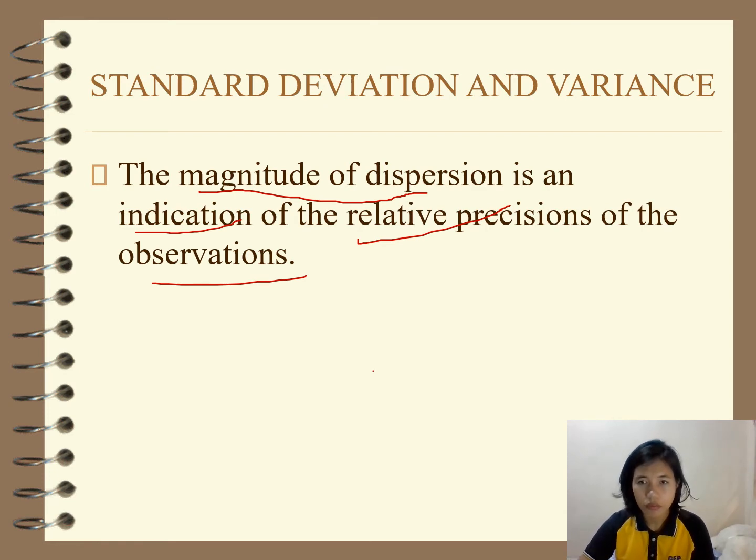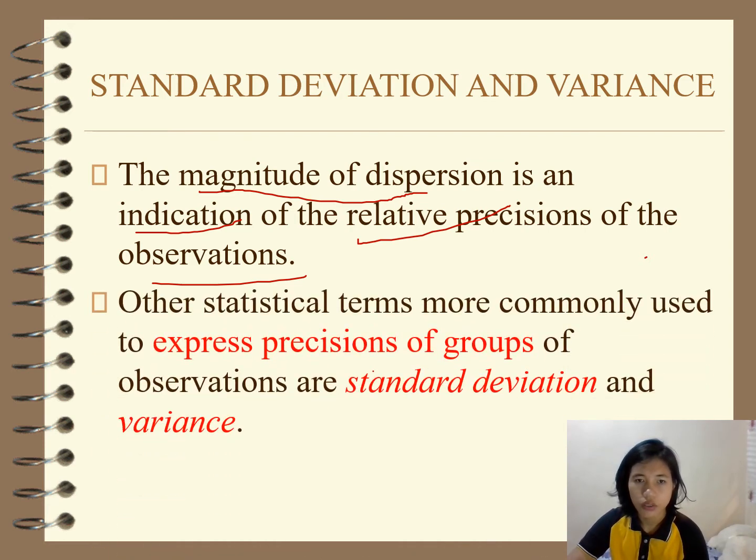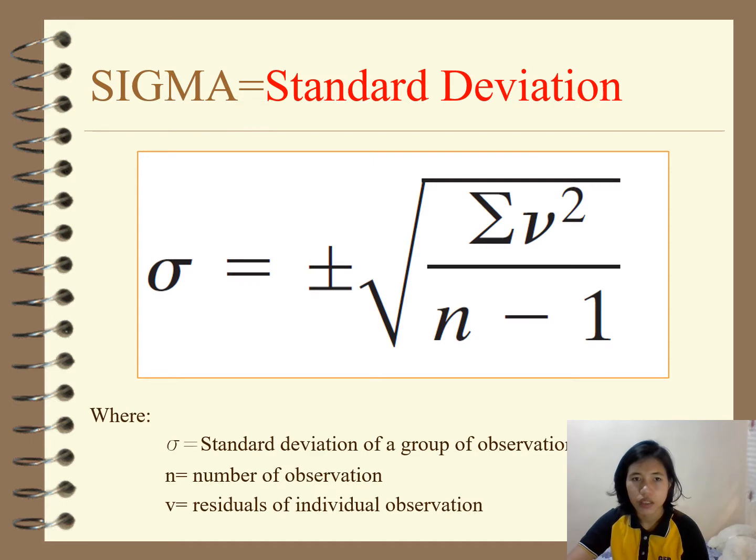And we have here other statistical terms more commonly used to express precision of groups. So yung ating commonly ginagamit is the standard deviation and the variance. So, yung ating tinatawag na sigma, ito yung ating tinatawag na standard deviation. So, yung ating standard deviation is plus minus the square root of the sum of v squared over n minus 1.